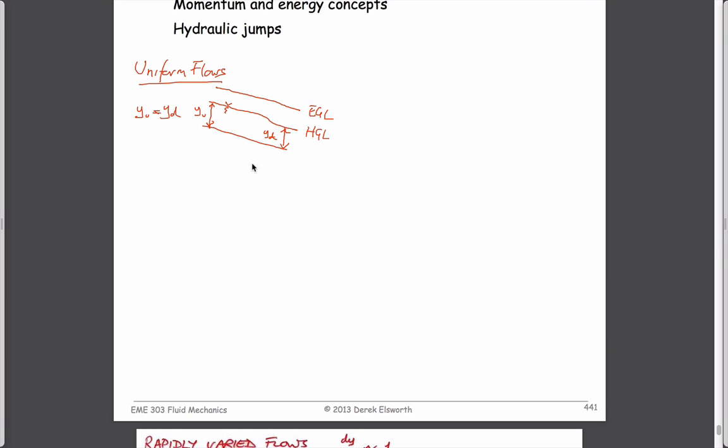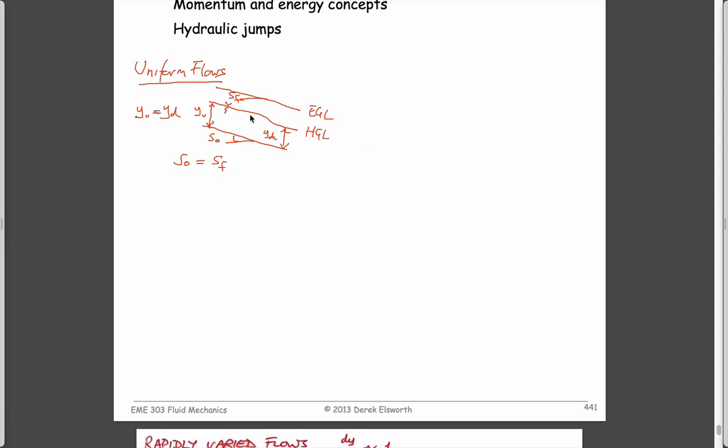They're equivalent to each other, and in that instance the slope of the bed, the slope of the energy grade line are all equal to each other by definition.